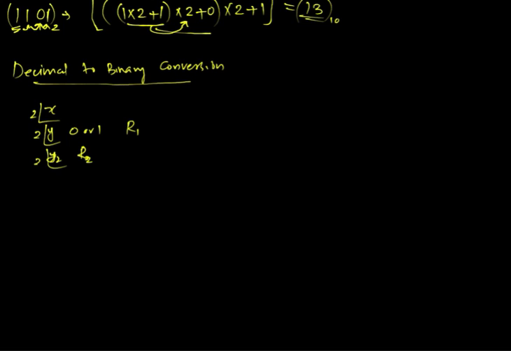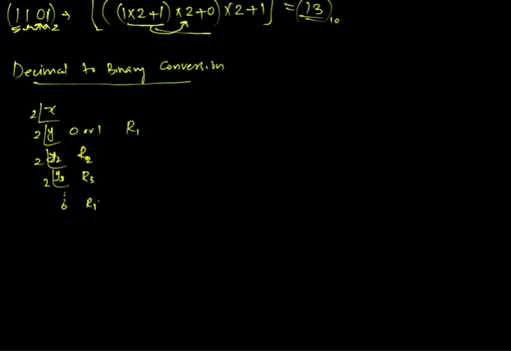Now again divide it by 2, then we will have a quotient y3 and we will get a remainder r3, and this procedure is continued until the quotient becomes 0 and we get some remainder Ri, which is also either 0 or 1.